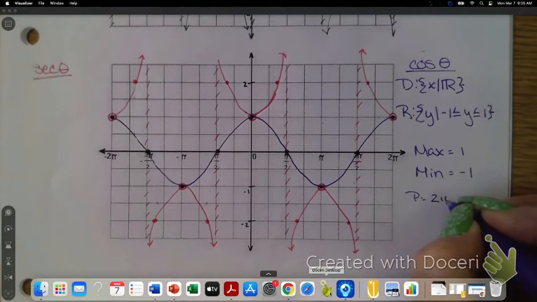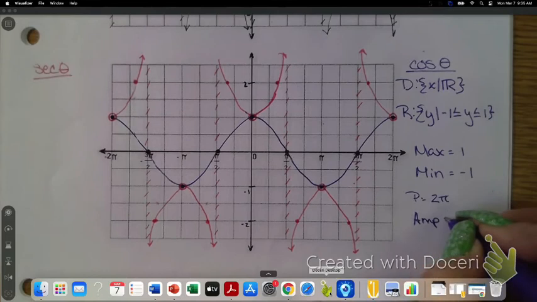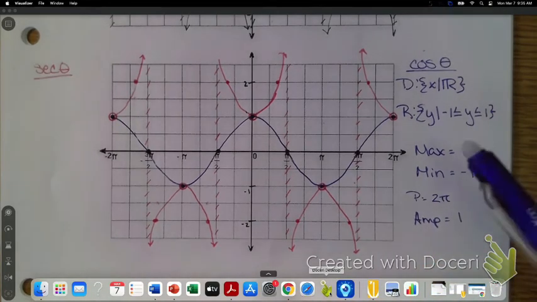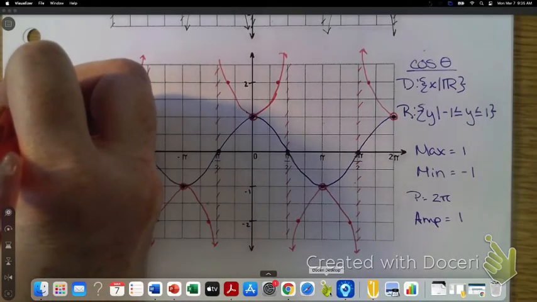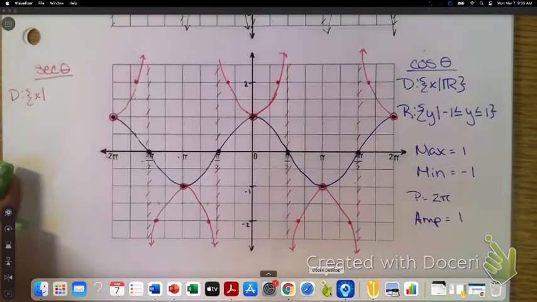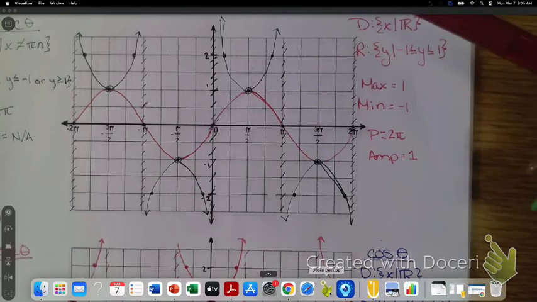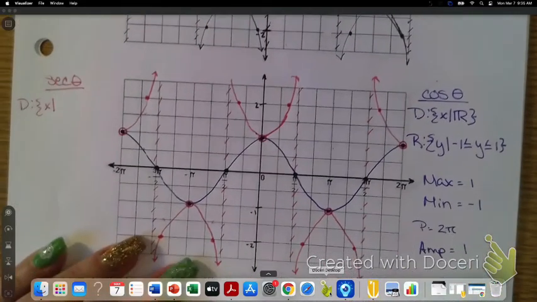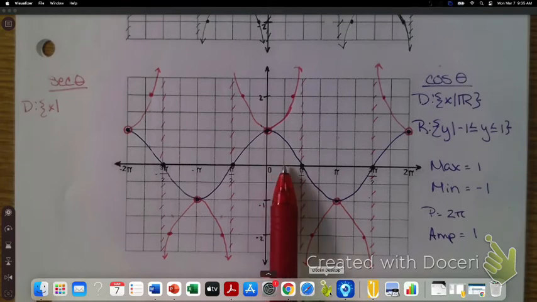Okay, so the period of cosine was pi, the amp was 1, max and min, right? Okay, so domain. Our domain is going to be different than cosecant, isn't it? Because at cosecant, all my asymptotes happened at pi, correct? But here, what does the first asymptote happen at?